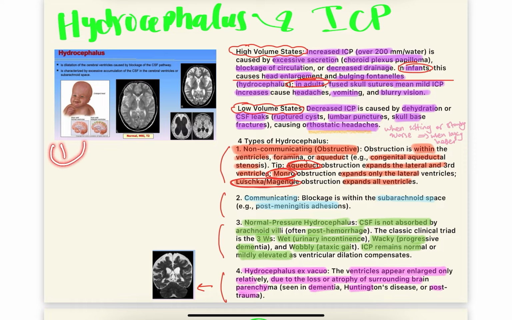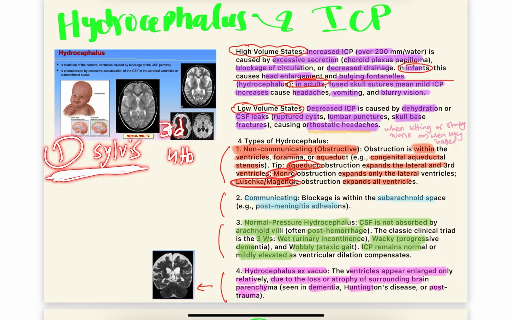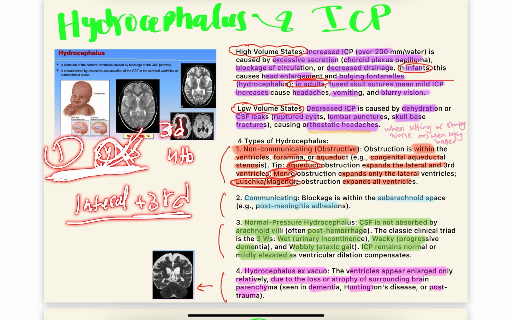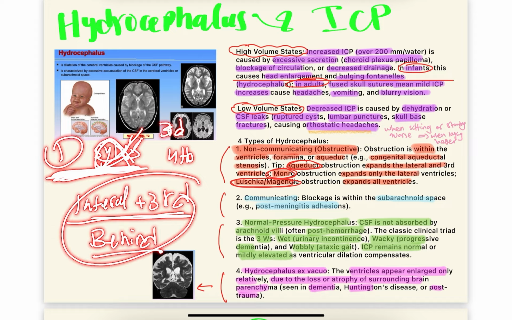The first case could affect the aqueduct of Sylvius, which connects the third and the fourth ventricle. When it closes here, what will happen? I will have expansion of the lateral and the third ventricles, because they are behind the aqueduct of Sylvius, so they will be affected.